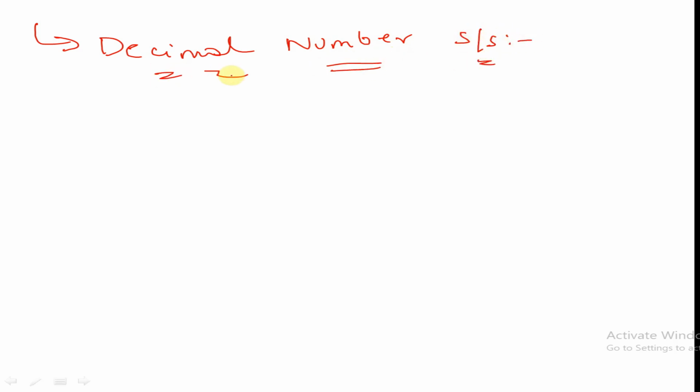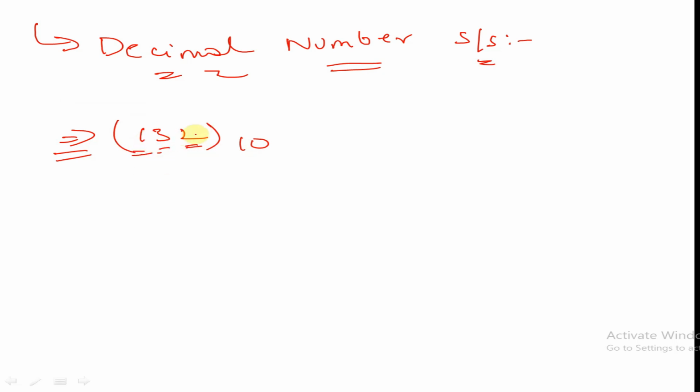Now let's start with decimal number systems. Decimal number systems are the normal decimal numbers we use in our daily life. Let's take an example, say 132. Each digit in a decimal number has some value.